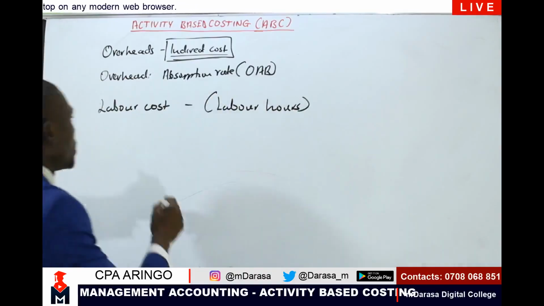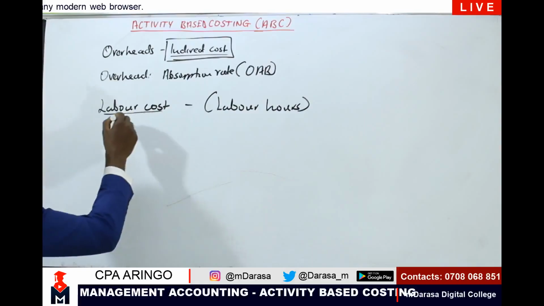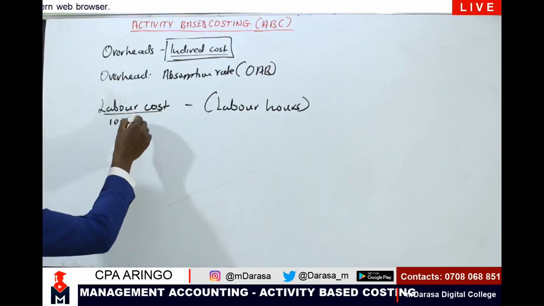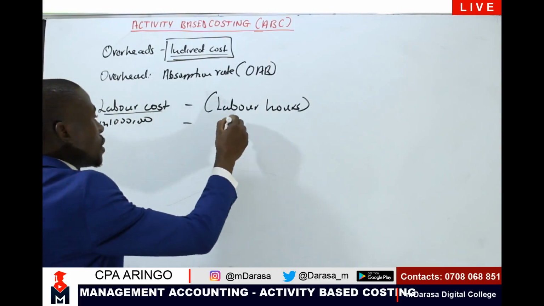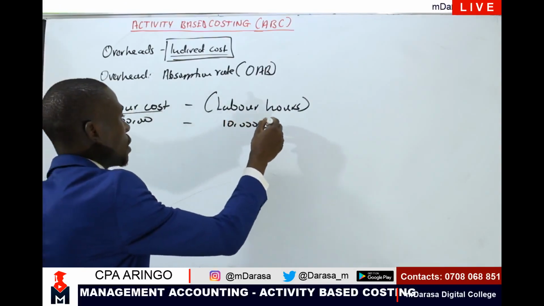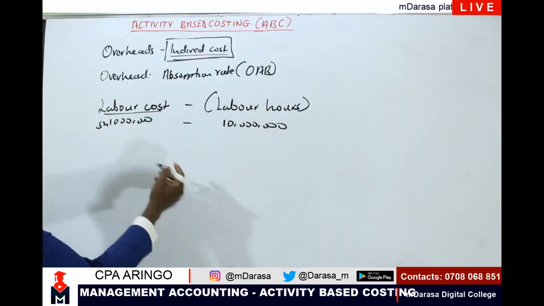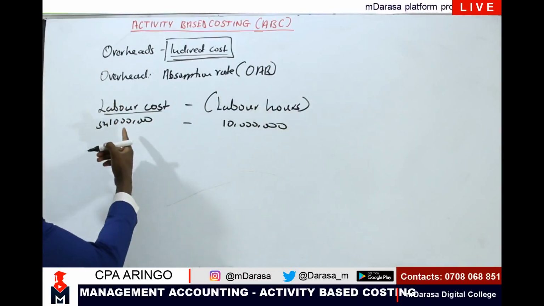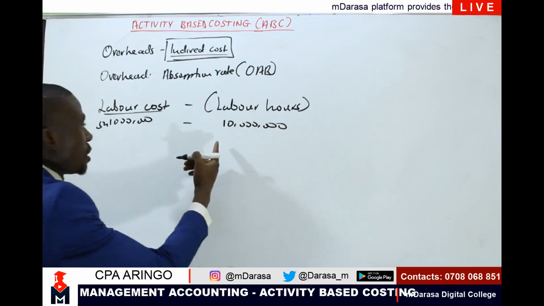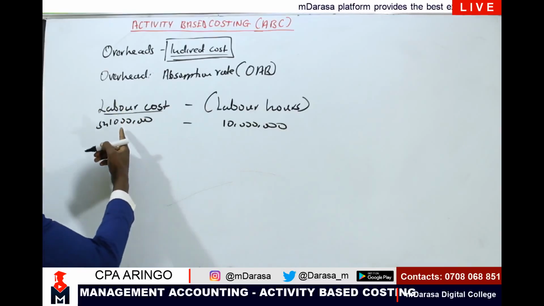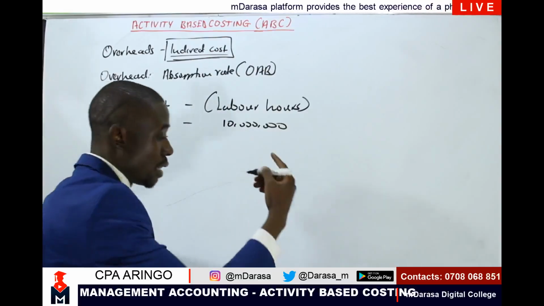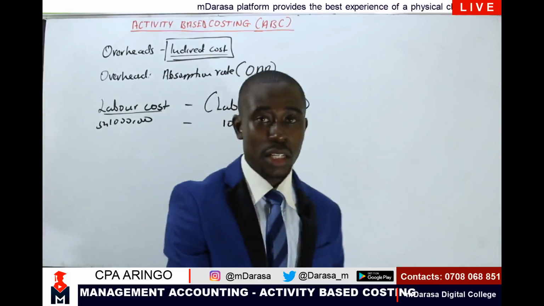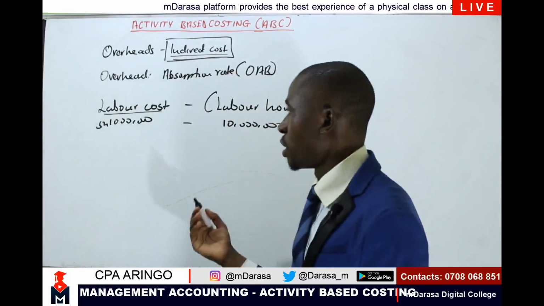So in allocating the labor cost, assuming I have 1 million as our cost and labor hours of 10,000, to determine my overhead cost in relation to labor, we take the total cost and divide by the base, which in this case is labor hours. This was a traditional method.